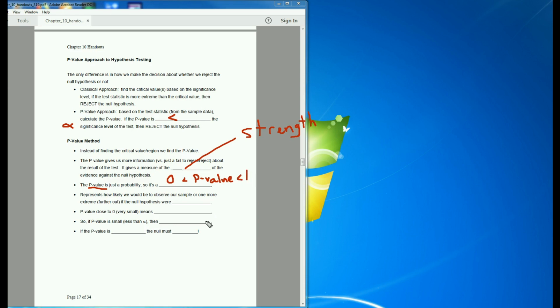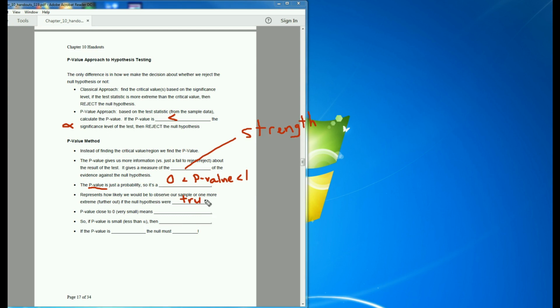It represents how likely we would be to have gotten that particular sample data, or one more extreme, further away from the center, if the null hypothesis were true.